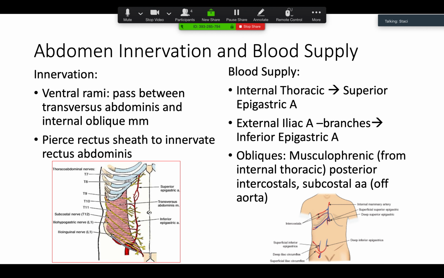So in our external iliac artery, a branch from that gives off inferior epigastric. So now we've got our superior and inferior. They're going to meet up. Then the obliques are from musculophrenic, again, which was from internal thoracic, posterior intercostals, and this subcostal artery.